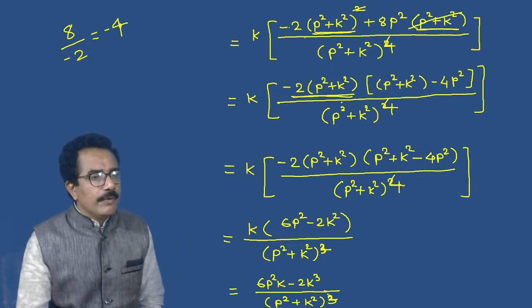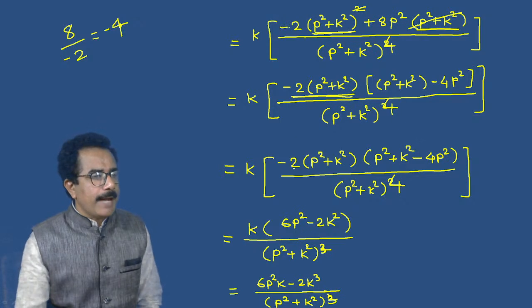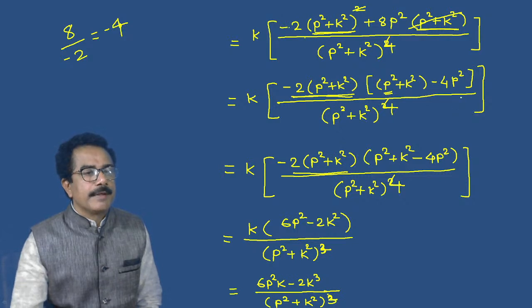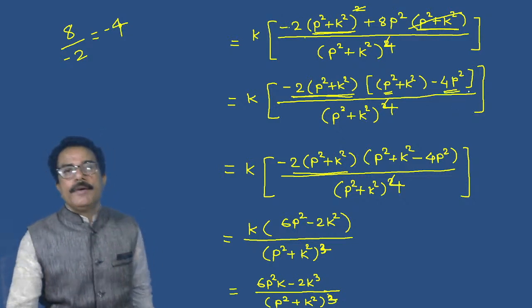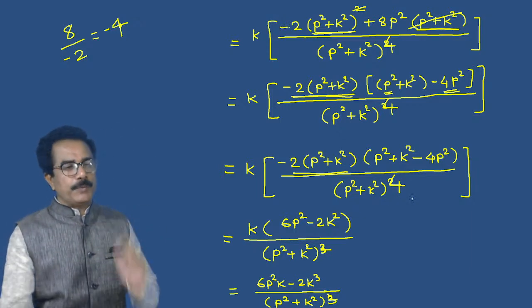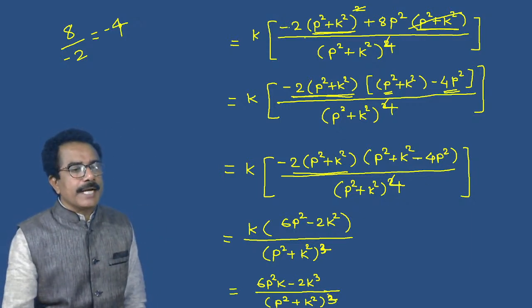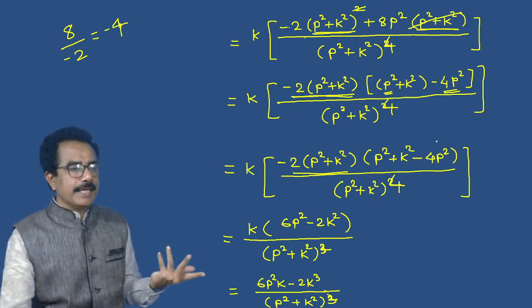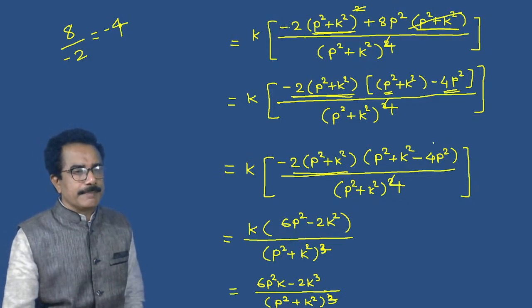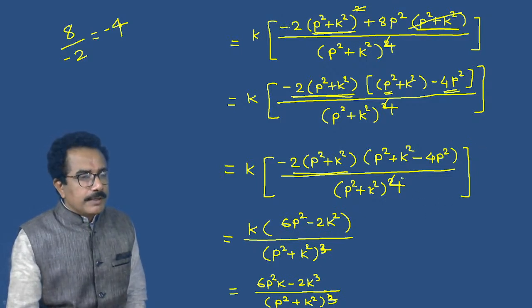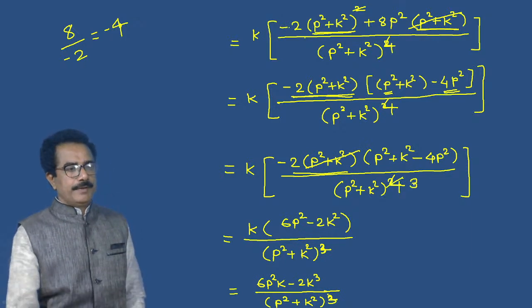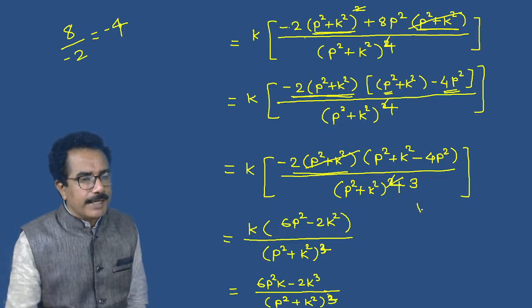Okay, now we can reduce this minus 2 into (p square plus k square) as it is. See this, p square minus 4p square. We can add these two terms. p square minus 4p square we can write as minus 3p square. So this p square and minus 4p square is minus 3p square. Now this bracket and this bracket raised to 4 will be reduced. Which are the remaining terms here after?